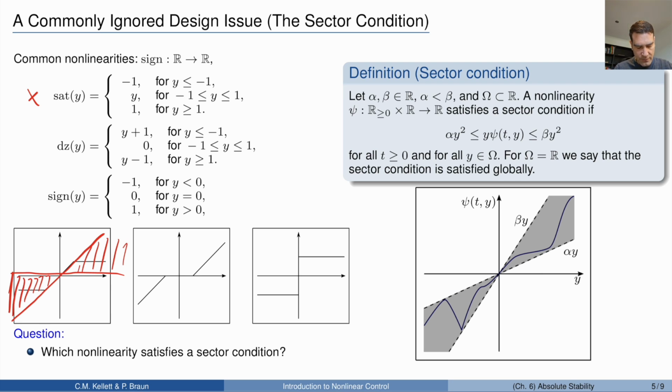Similarly, for the dead zone, we can look at this sector here, and again know that this particular nonlinearity is covered through this sector condition. For the sine function, that's not possible, so we can't find alpha and beta in R in such a way that we can cover it through a sector condition.